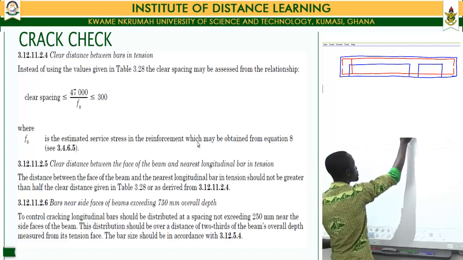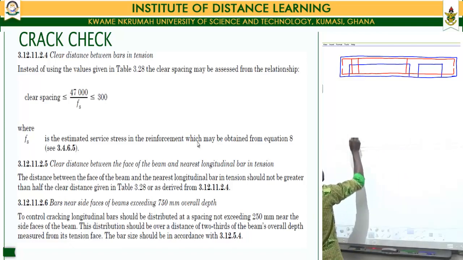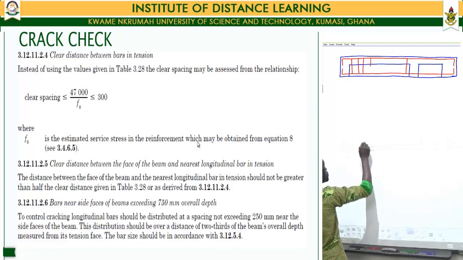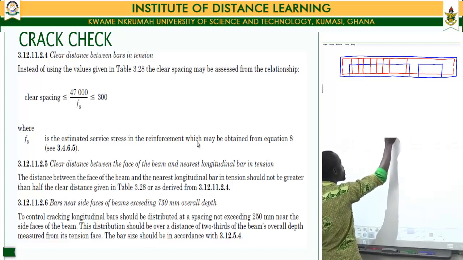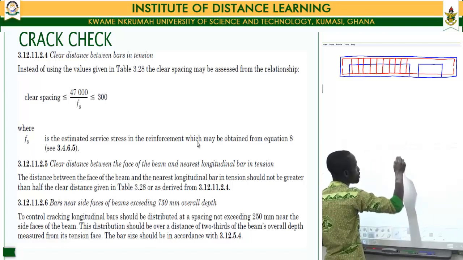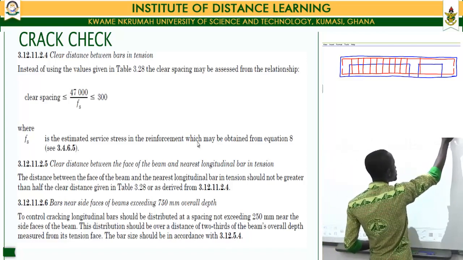With this here as my shear reinforcement, my 8 mm links, which are being spaced at 200 centers.